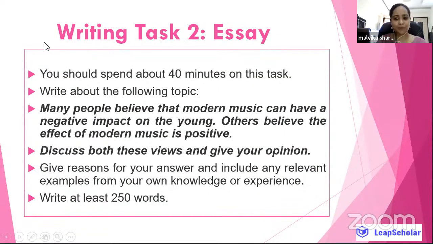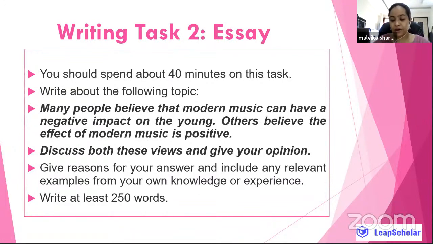So let's come down to business, guys. We did our writing task 1, the report writing. Now we will look into the writing task 2, that is our essay writing. So what is the recommended time that we usually have for essay writing? 40 minutes.